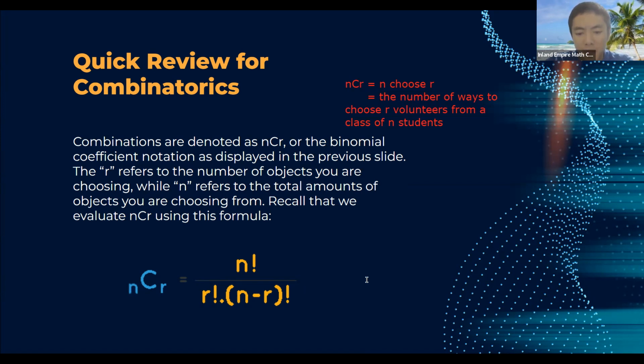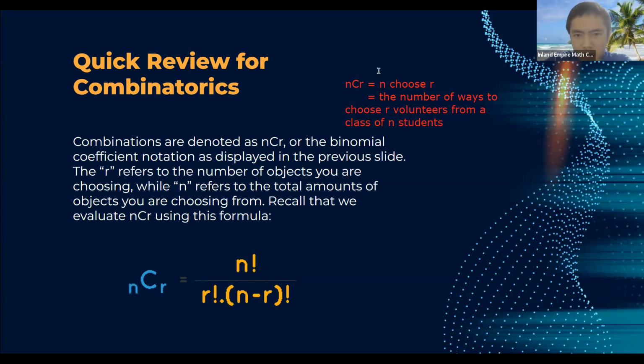So for example, 3 choose 1 would be the number of ways to choose one volunteer from a class of 3 students, which comprises Lloyd, Joyce, and Asher. And 4 choose 2 would be the number of ways to choose 2 volunteers from a class of 4 students. And again, in combinations, order doesn't matter, which is why we're using the volunteers metaphor.